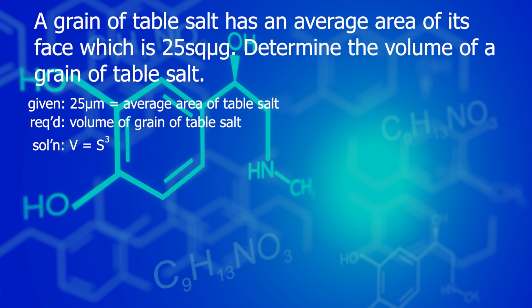Using the formula area equals S squared, then substitute the value of the area of the face of the square, which is 25 micrometer square, equals S squared. So S equals the square root of 25 micrometer square. So S equals 5 micrometers.